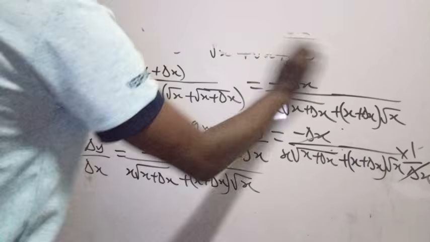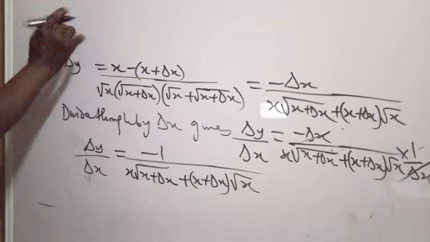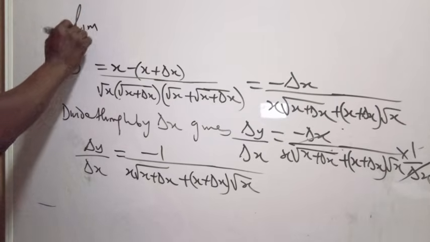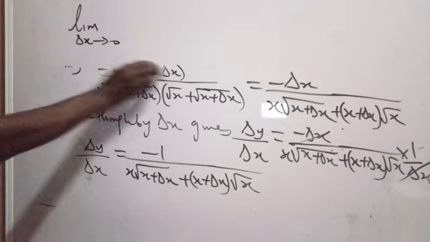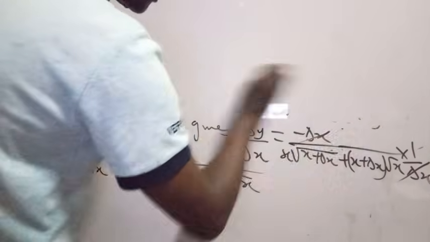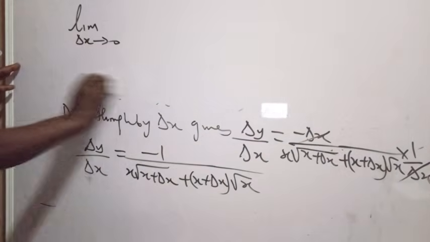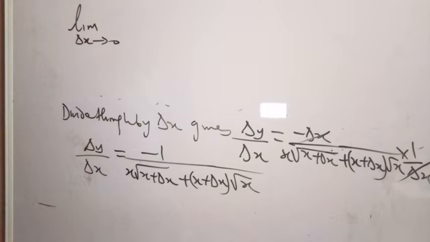Taking the limit as delta x tends to 0, that statement alone will change delta y over delta x to dy dx. Anytime you take your limit, delta y and delta x change immediately to dy dx.